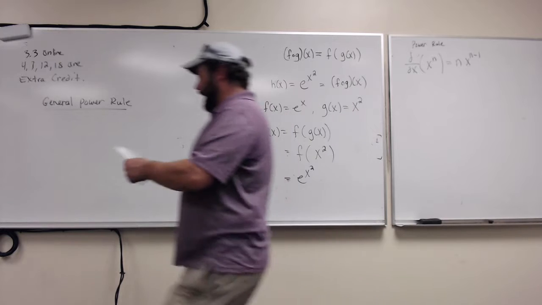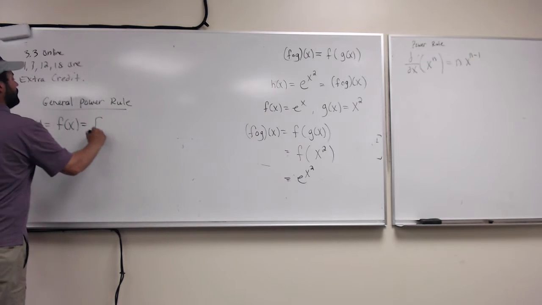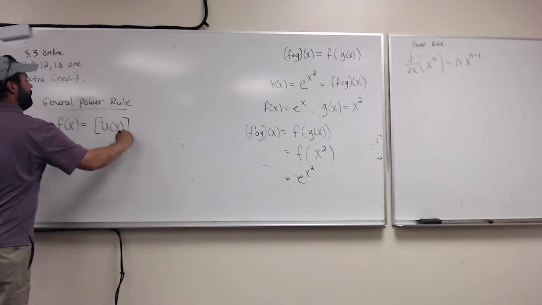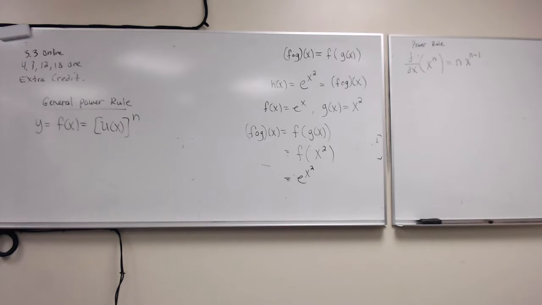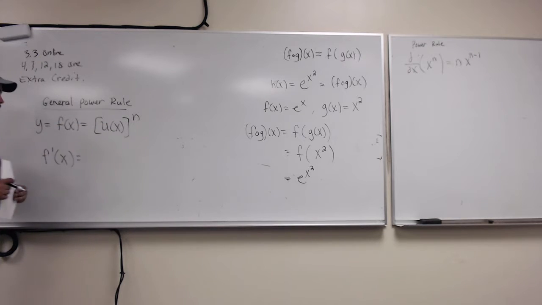Now, instead of having x to a power, what if your f of x is really some function raised to a power? So it's not just x anymore. Okay? You might have some other function raised to a power. What the general power rule is going to tell us is you use the power rule on the outside.